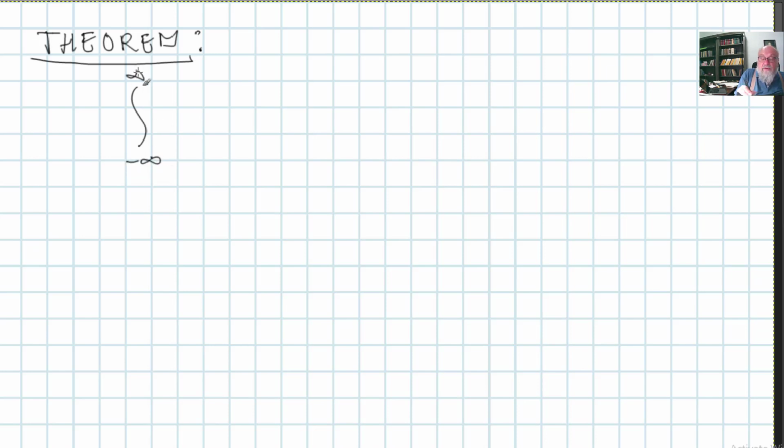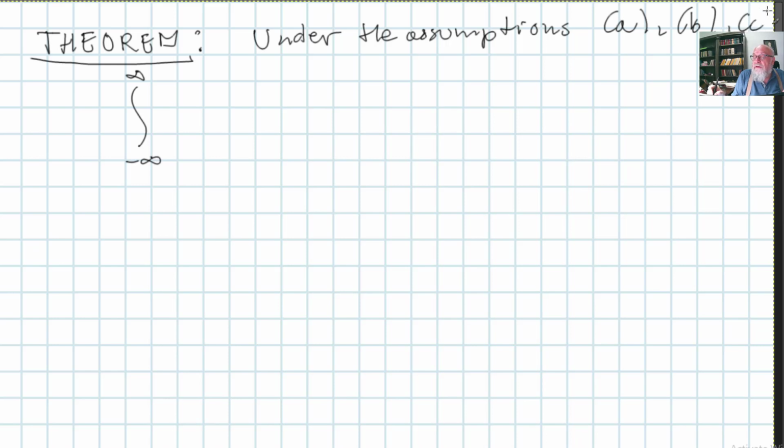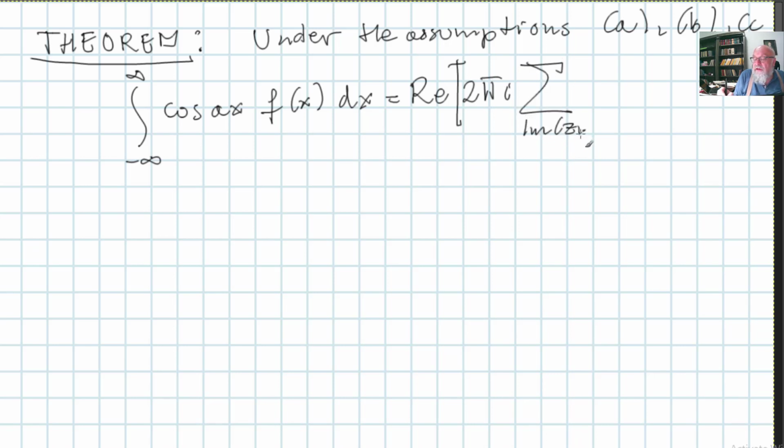Under the same assumptions A, B, and C, the integral from minus infinity of cosine ax times f of x dx will be equal to the real part of 2 pi i times the sum over imaginary part of zk larger than 0 of the residue of e to the i a z f of z at zk.